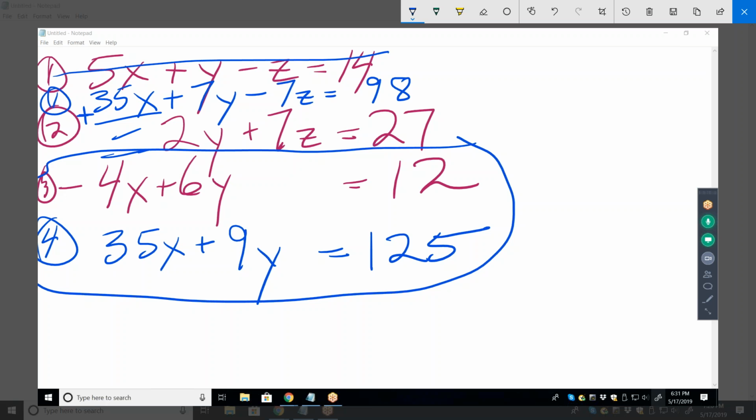By standard format, I mean the x's and the y's are on the left, the numbers on the right. When you have standard format, elimination is always going to be better than substitution. The key is how do I eliminate? What am I going to eliminate? How would I eliminate x? That would be tough. Y, not so tough. Well, how can I eliminate y?